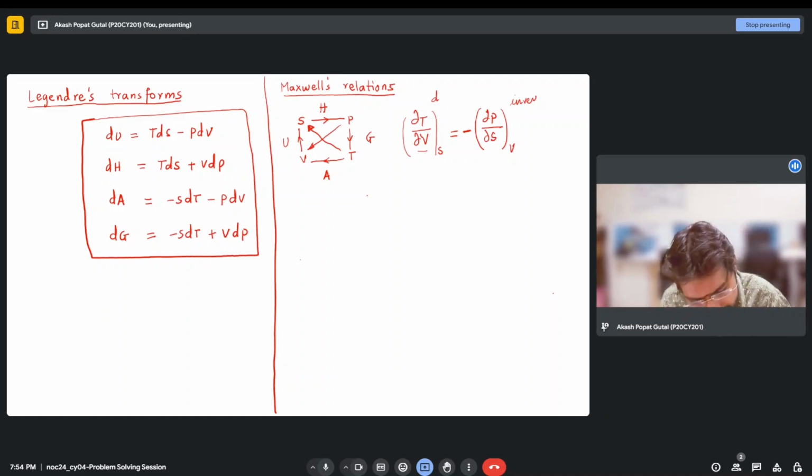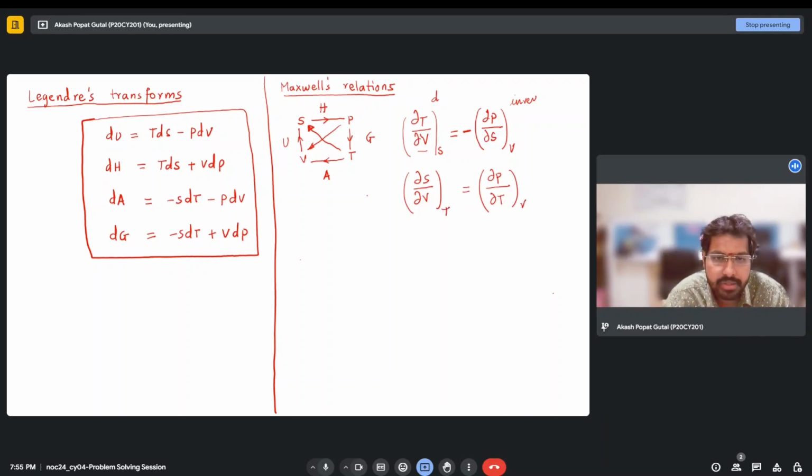Similarly, let's write the equation for del S by del V. So what will be the right hand side? The counterpart of del V is del P. To get the energy dimension for S is del T. And the constants are, this will be V and this will be T. Similarly, we will check whether our proportionality, pressure and temperature are directly proportional.